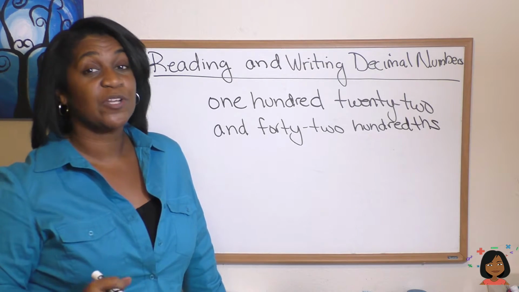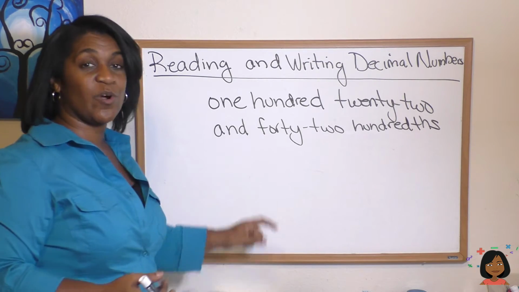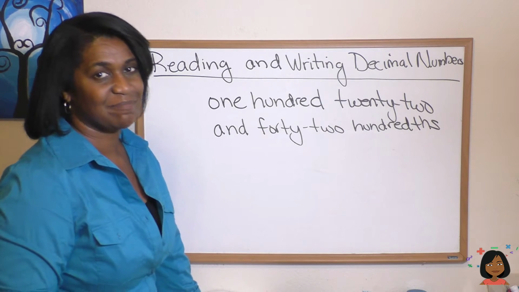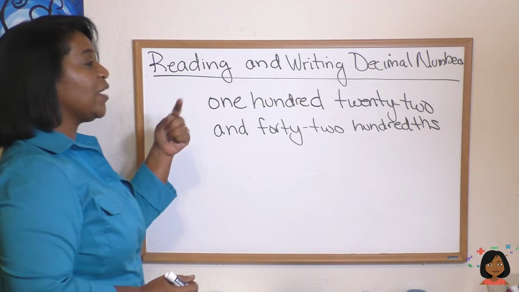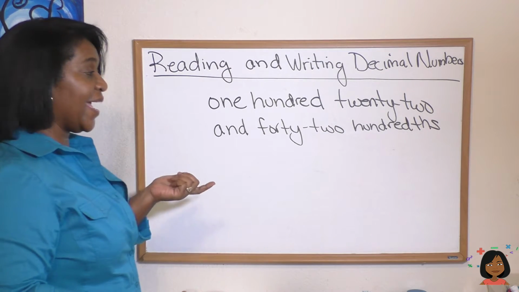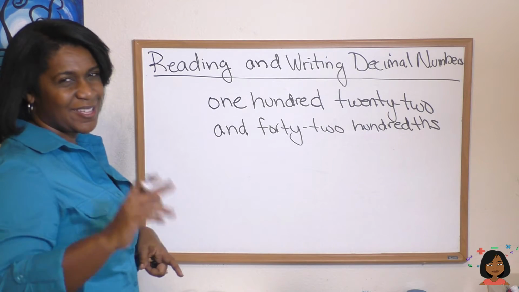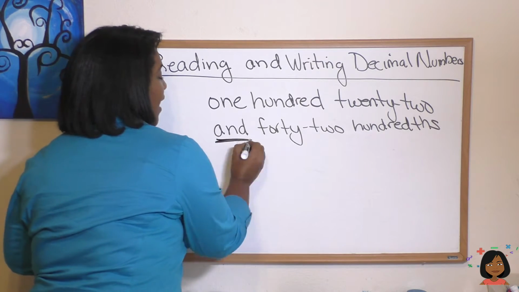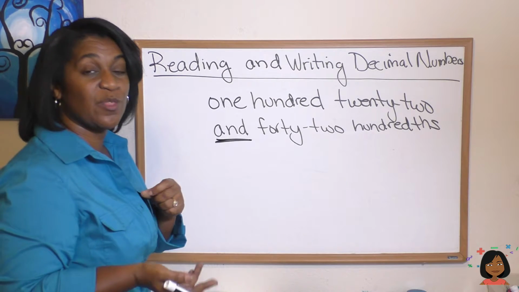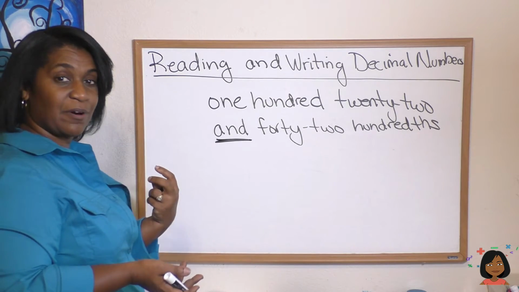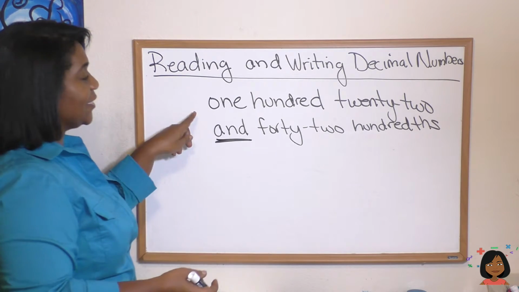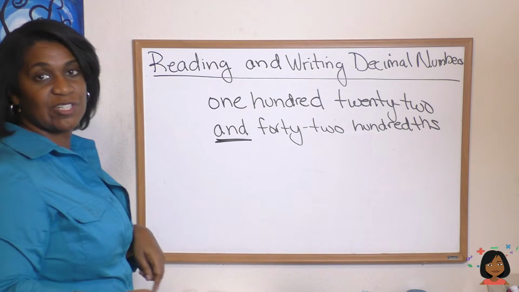The final thing I want to show you is how we take the written word and write a decimal from it. Let's take a look. 122 and 42 hundredths. So the first thing you should notice is the word and popped up. When we know the word and is there, we have a whole number and a decimal. So let's get the whole number part down. 122.